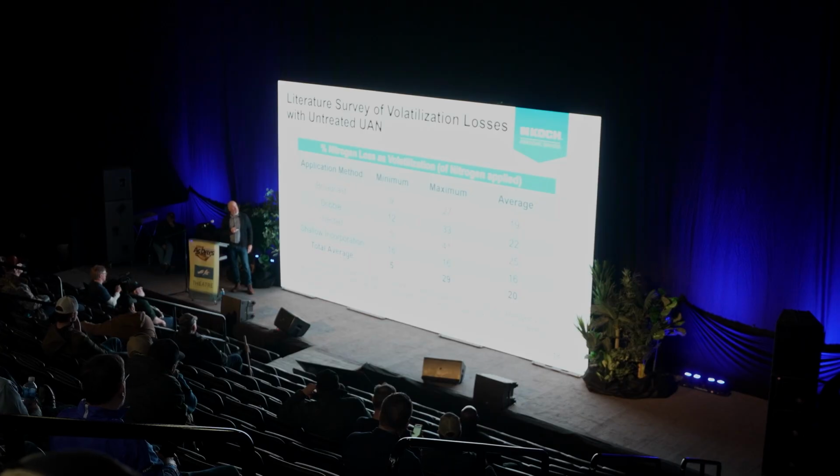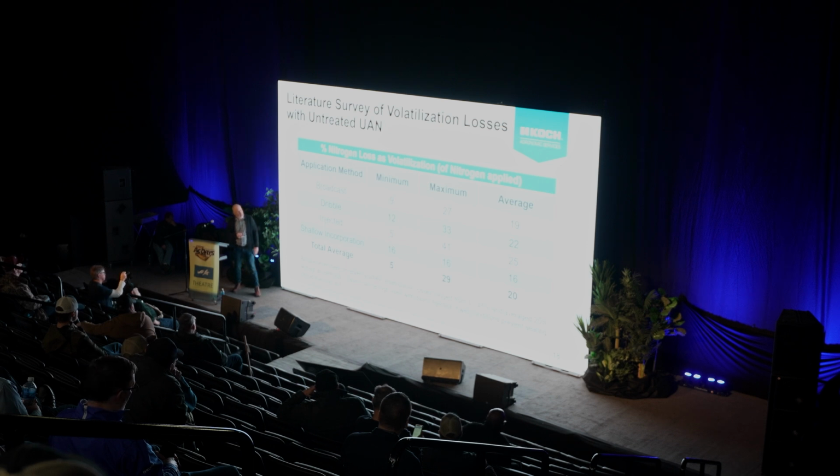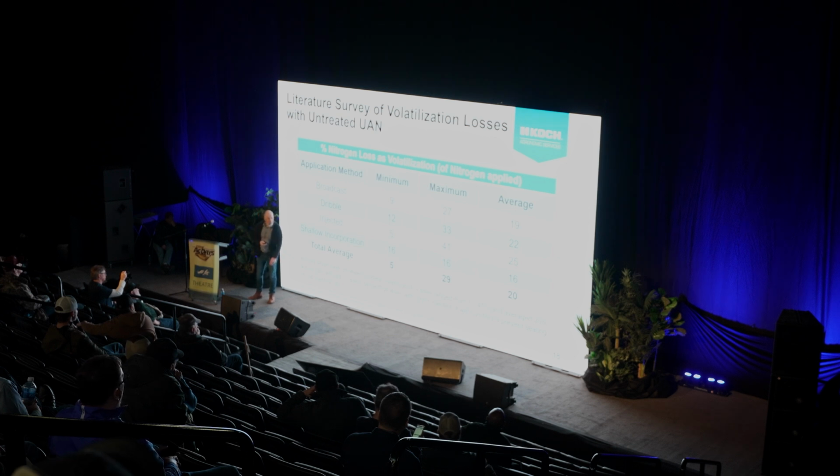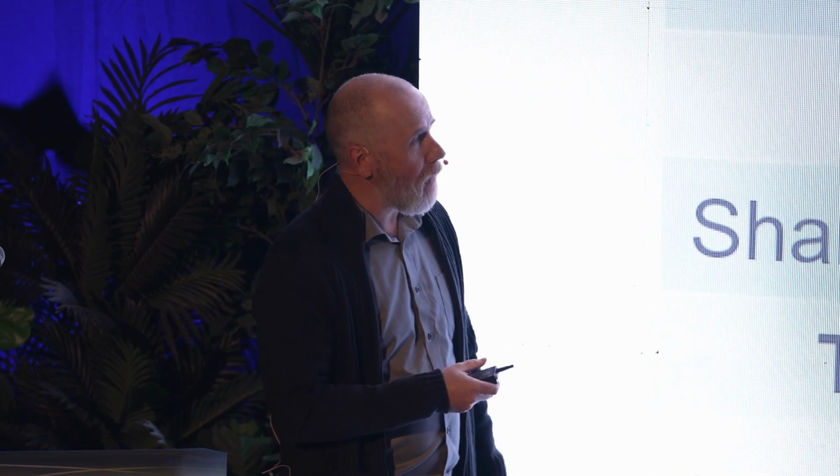So if we look at the ammonia volatilization, looking at some different ways of putting on UAN: broadcast UAN, dribble band, injected, shallow incorporation. This is a meta-analysis, and you can look at the average on the far side here. This is the percent of nitrogen lost. So they're all sitting there as a potential for loss depending on what's happening with it.